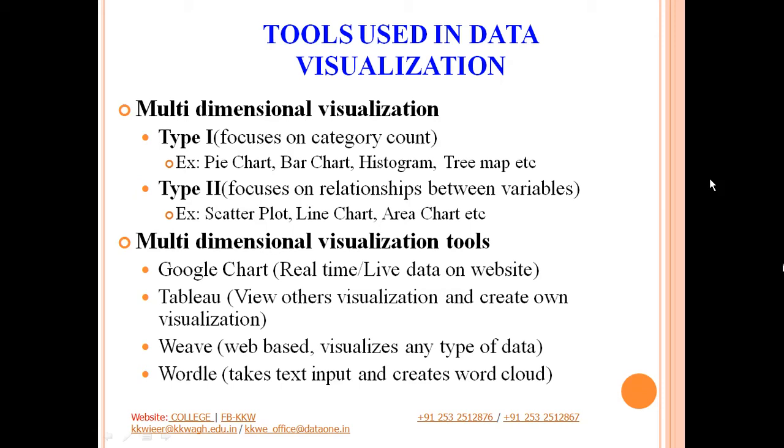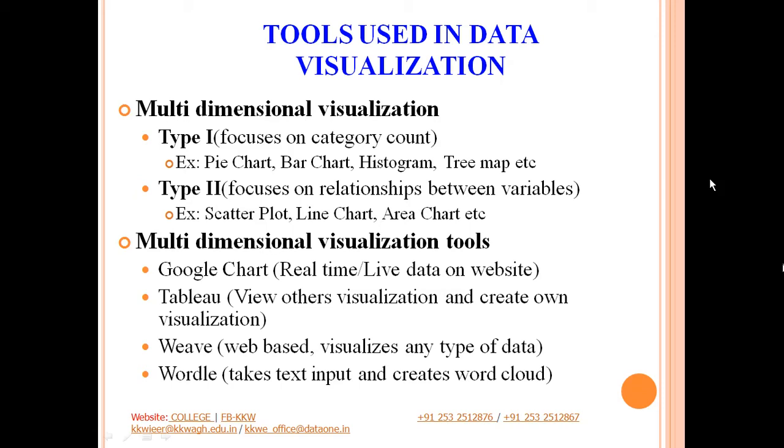Then second is type 2. Here we are not interested in the count of a particular feature, but in the relationship between different variables. Our data set may have different attributes, and if you want to understand which of these variables are strongly related or correlated, or have causal relationships, then this is the type 2 category.